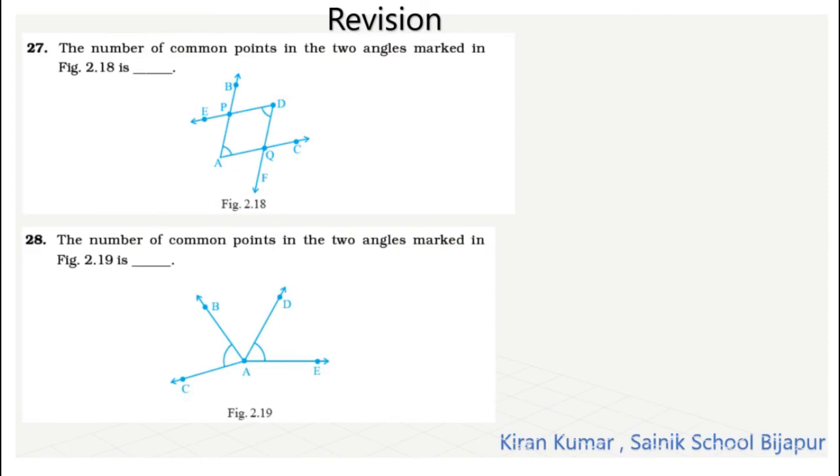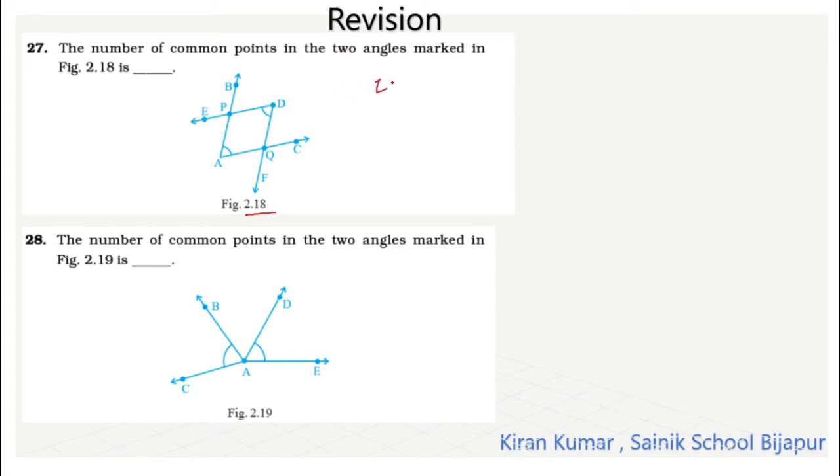Question number 27. The number of common points in the 2 angles marked in the figure 2.18. These are the angles marked. We need to identify the common points.